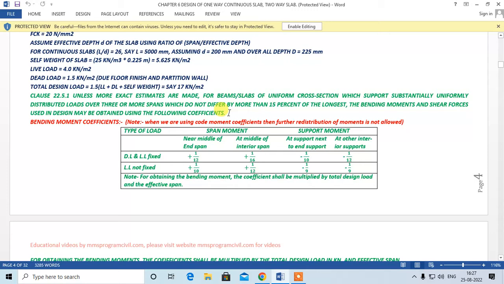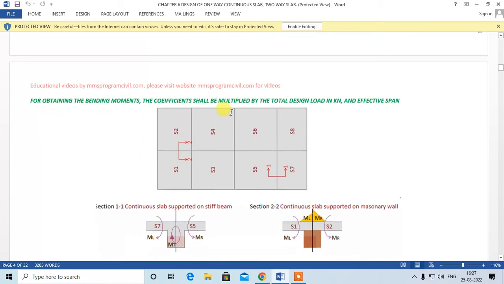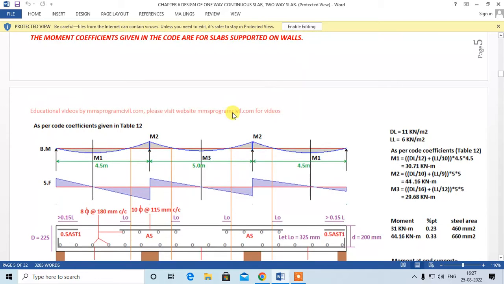This is what we have already seen. So we can see in our case the spans do not vary more than 15% of the longest span, and also we have at least three spans. So we can use the coefficients given in the code, right?